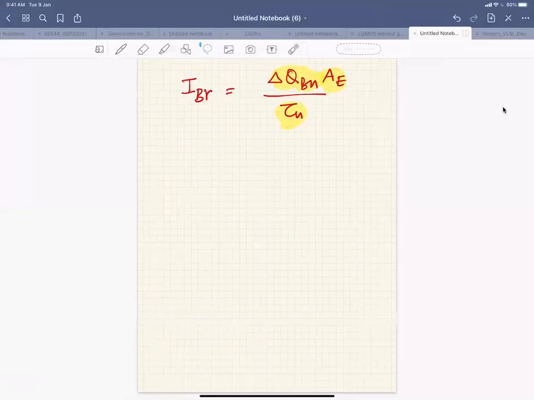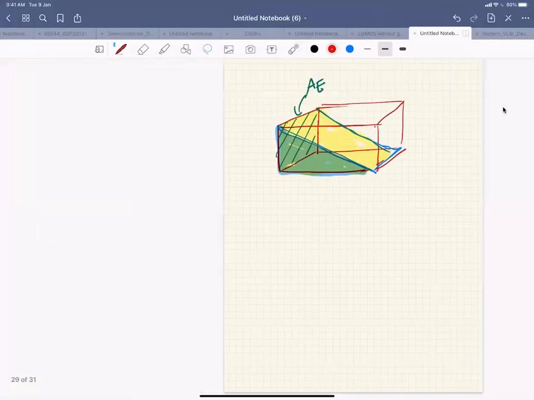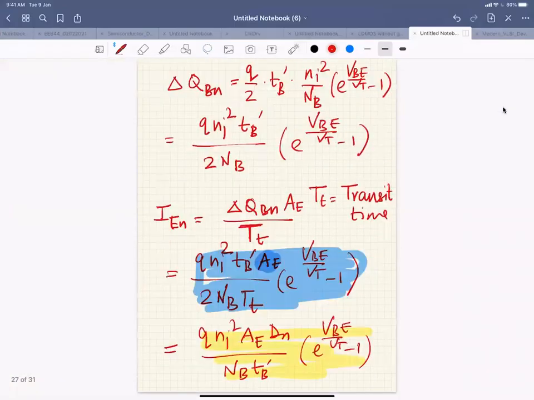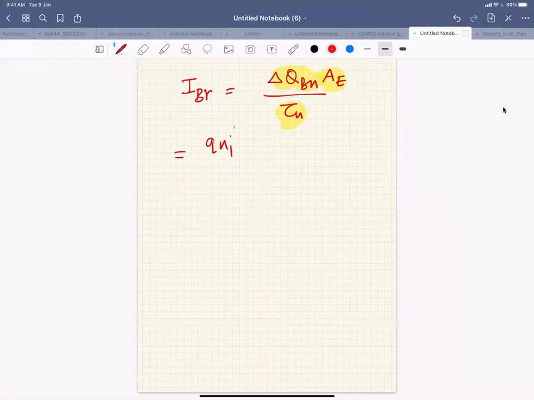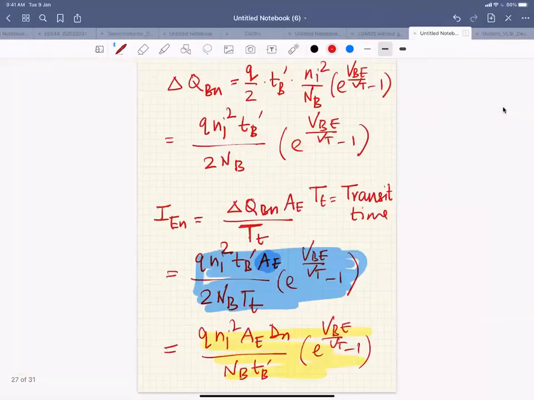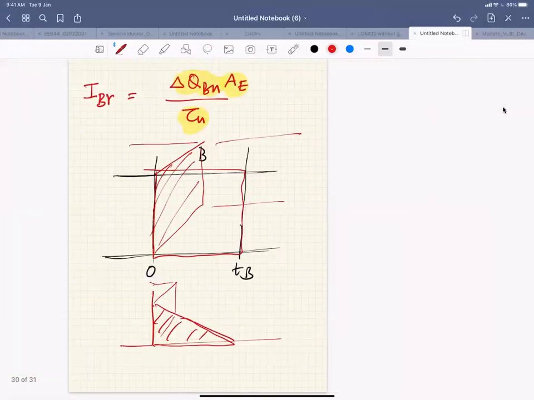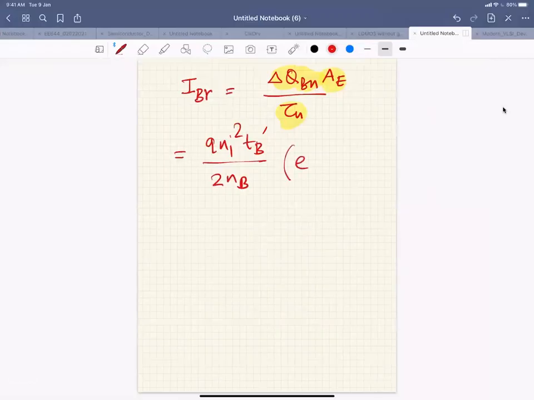Then this I know. I have delta QBN. So I had found QBN earlier: QNI square TB dash by 2NB. Plus 1 comes here, AE by tau n.